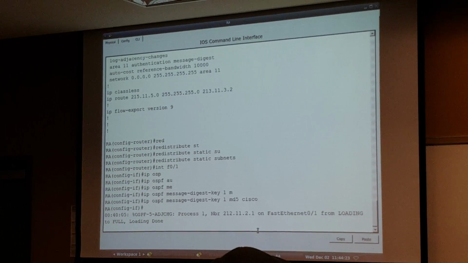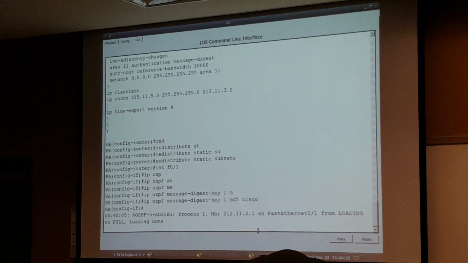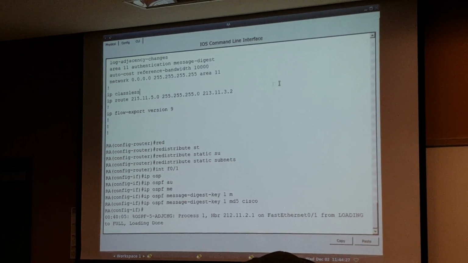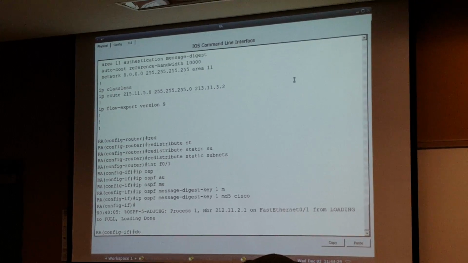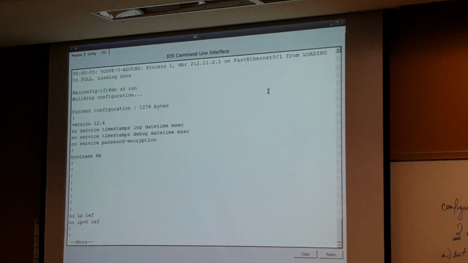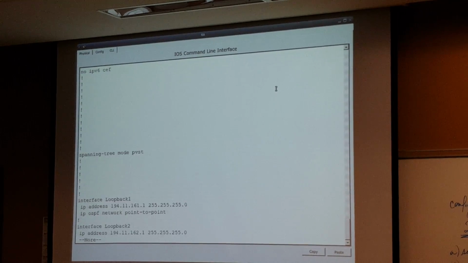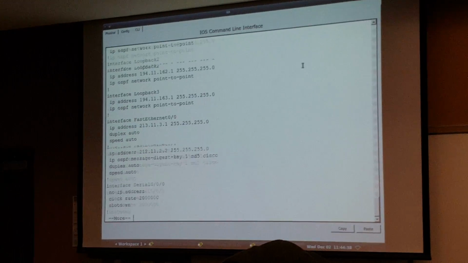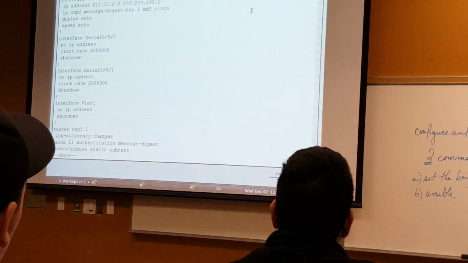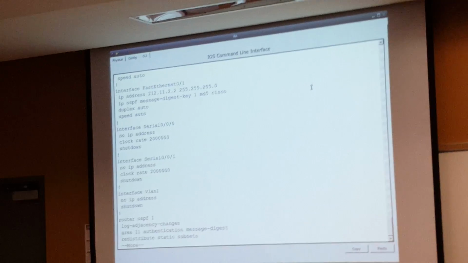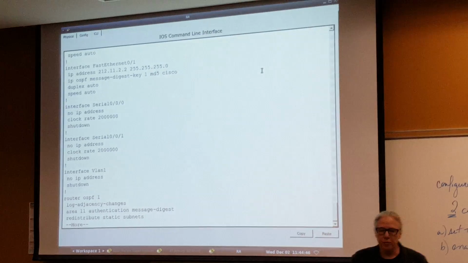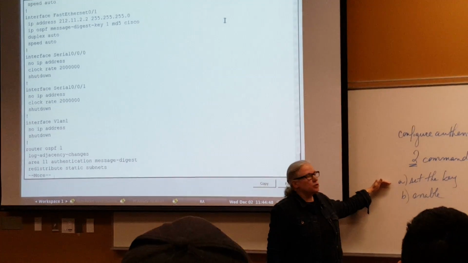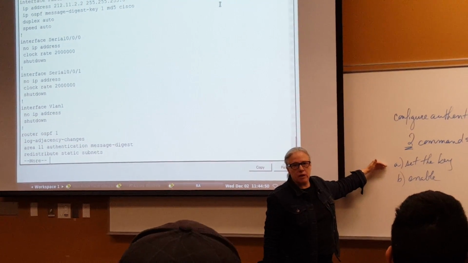So at that point, once I enabled the key on the interface, now, again, remember, on the previous router, I told you that there were two things to do to enable authentication.